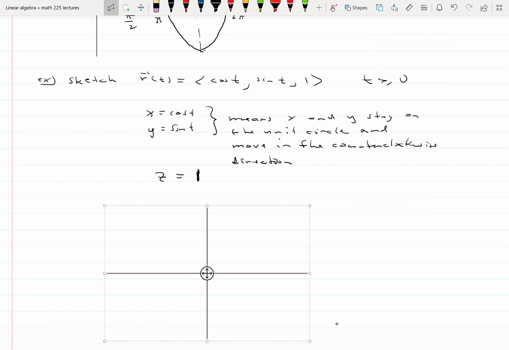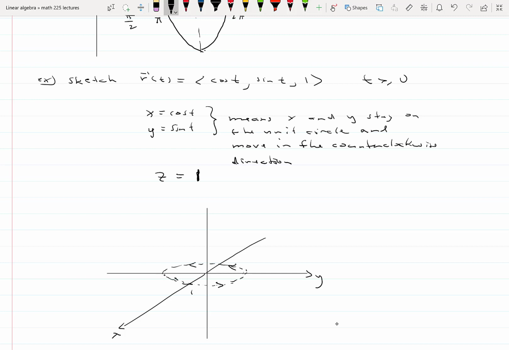The translation into 3 space says, if it was just in 2 space, x squared plus y squared equals 1 would look like this, where this is 1, 0, and would be traversed in the counterclockwise direction.